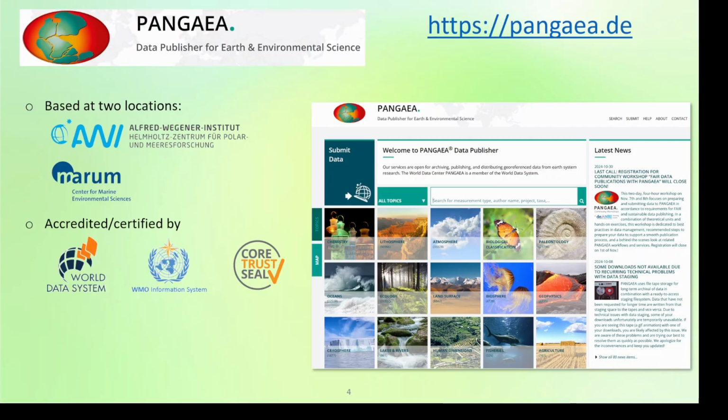Since 2007, it holds a mandate from the World Meteorological Organization to host the World Radiation Monitoring Center and its data, and since 2019 it has been certified as a trustworthy long-term data archive by CoreTrustSeal, also a seal which you might have come across during the last days.